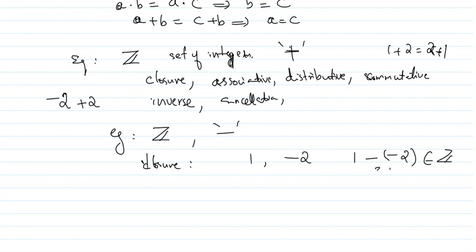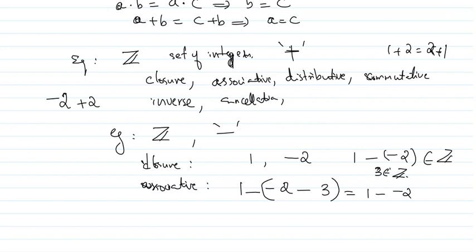Then 1 minus (minus 2 minus 3) versus (1 minus minus 2) minus 3. Are they equal? No, they are not equal, because subtraction is not associative. Subtraction is also not commutative: 1 minus 2 is not equal to 2 minus 1. So this also does not hold. So under subtraction it is not satisfying some of the properties of an algebraic system. Is it clear?